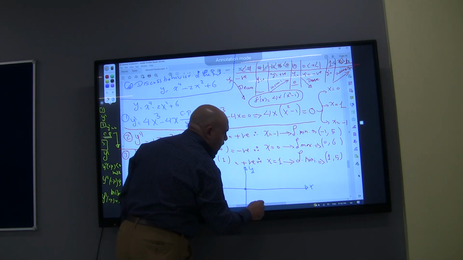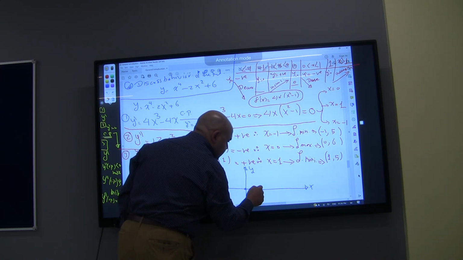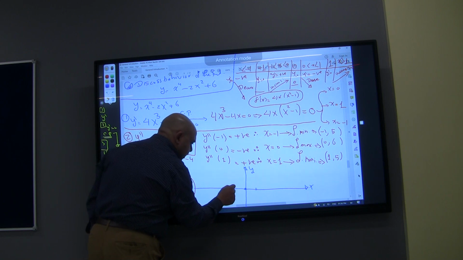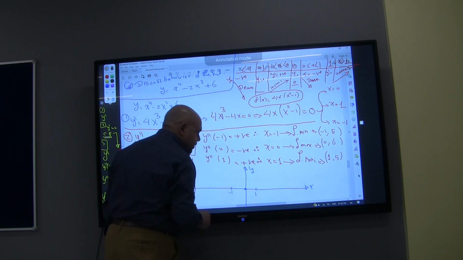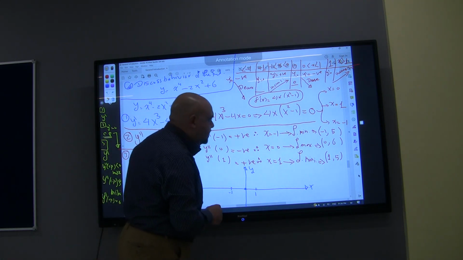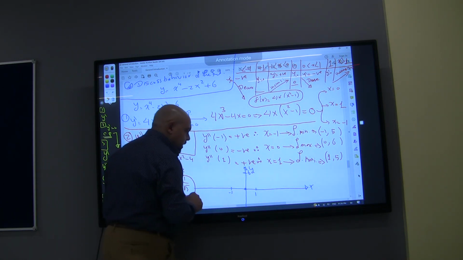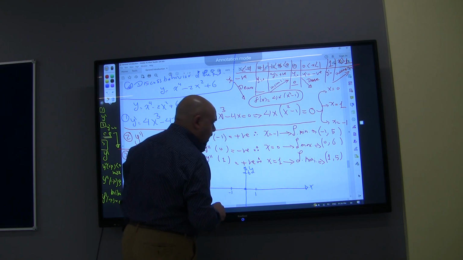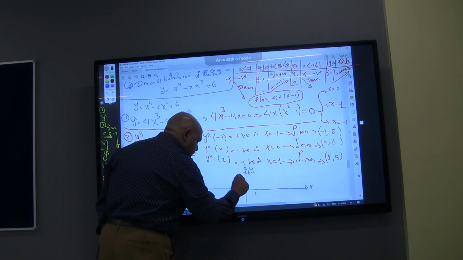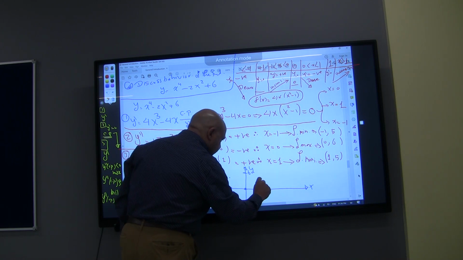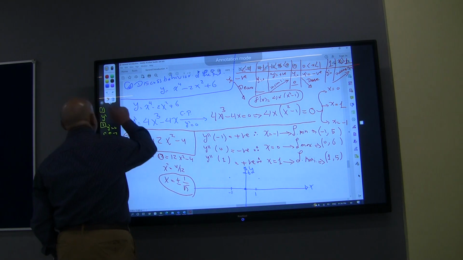At x equal positive 1, let's say here, this is positive 1. At x equal negative 1, let's see here, this is negative 1, positive 1. If I go to zero, I find the value of y equals 6. If I go to negative 1, I find the value of y should be equal to 5. At positive 1, I find it equals 5. This is correct.